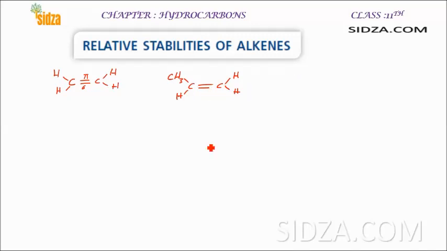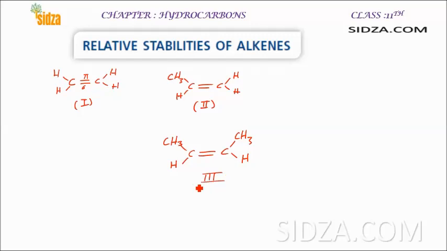Okay, so if you have one more molecule which has, suppose, 2 methyl groups attached to it, CH3 on this side. Here in the first case you see that there is no substitution. Here in this case there is 1 methyl group attached to it. Here in this case we find there are 2 methyl groups.